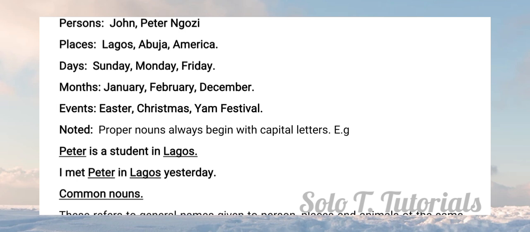Why? Because it is a proper name. It is a specific name of a city, so it must start with a capital letter irrespective of where it appears in the sentence, whether at the beginning, in the middle, or at the end of the sentence.